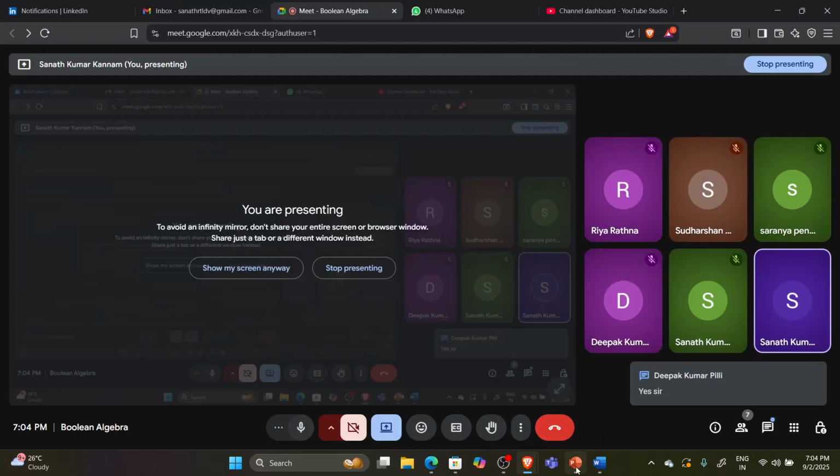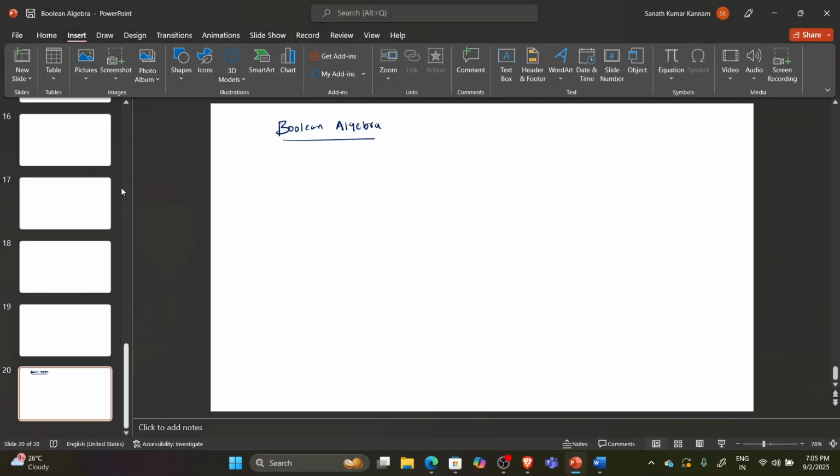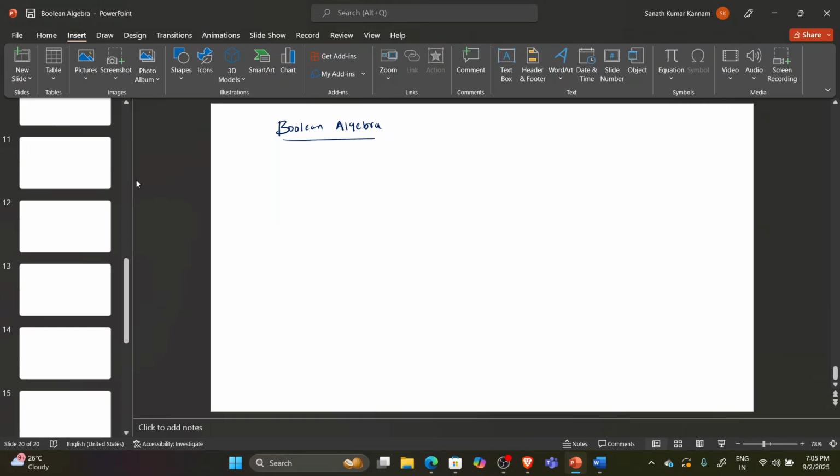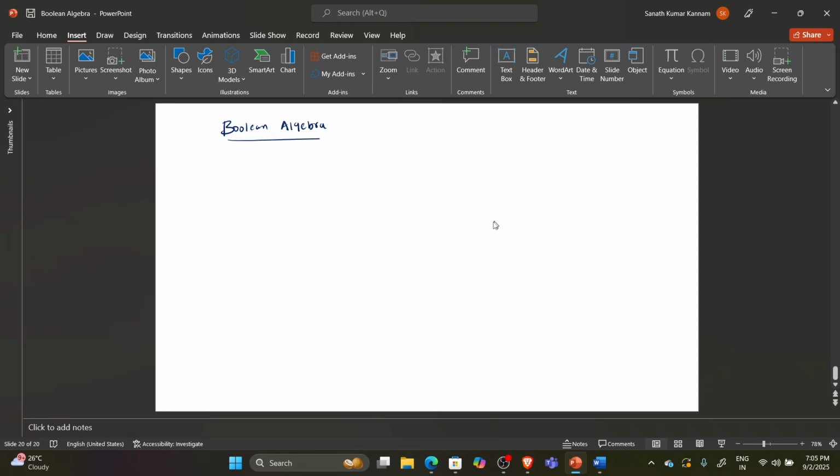Okay. So we'll see the Boolean algebra. So this is the first law, that is nothing but the AND law. Okay.